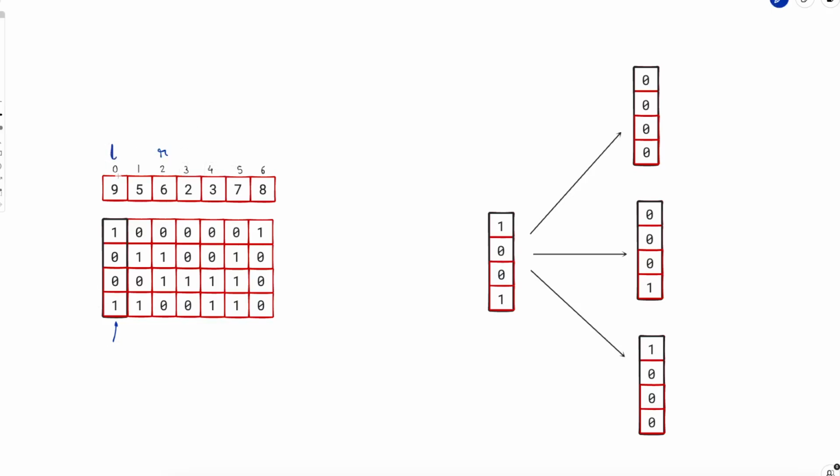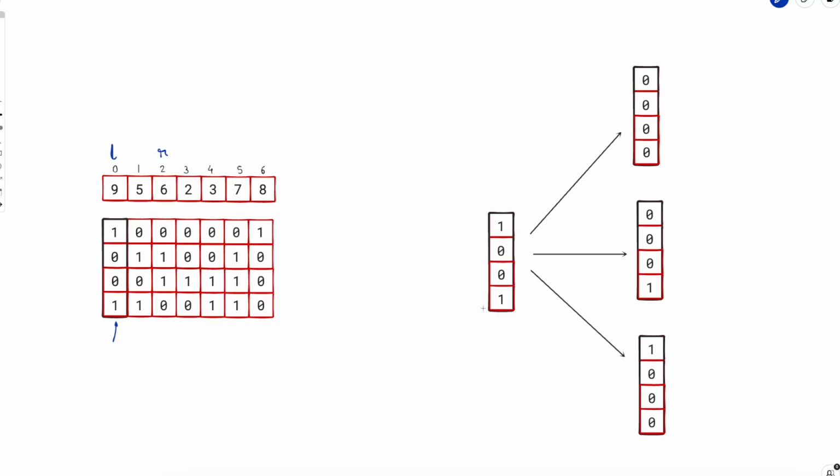Now from L, what all different values will you get? So you have this bitwise number which is 9. From 9 you might get a number which has one of these bits or all of these bits unset.